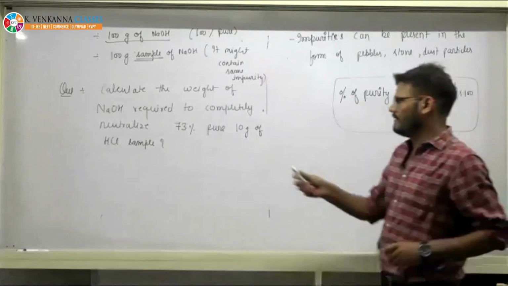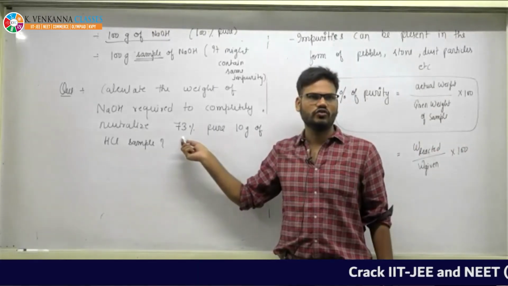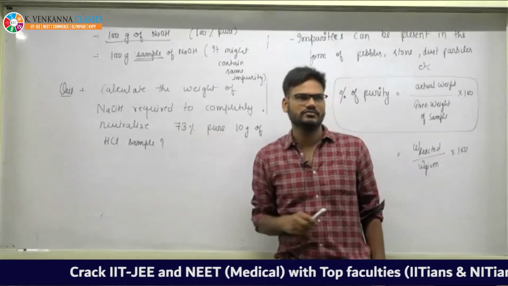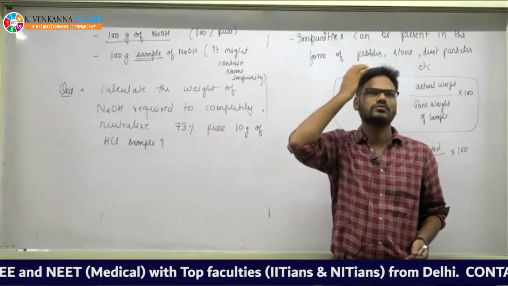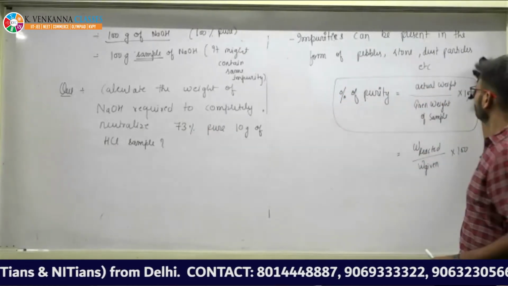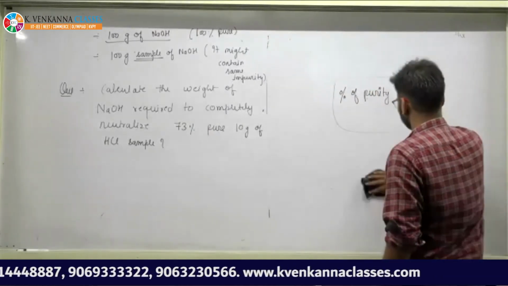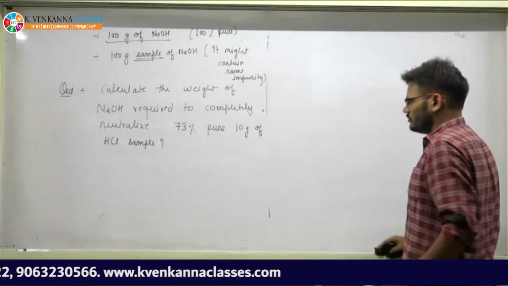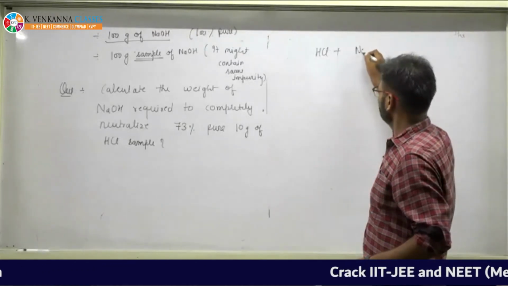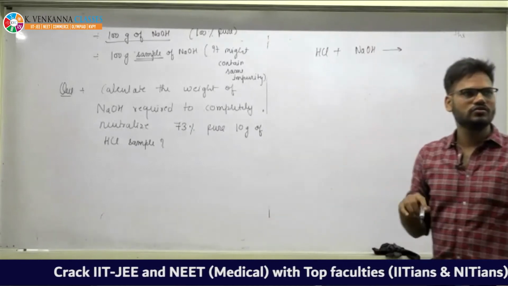Not 8, it is 73%. It will become 7.3 gram. You are doing right, but it is 73%. You know that HCl is acid and NaOH is base, so you can solve it.